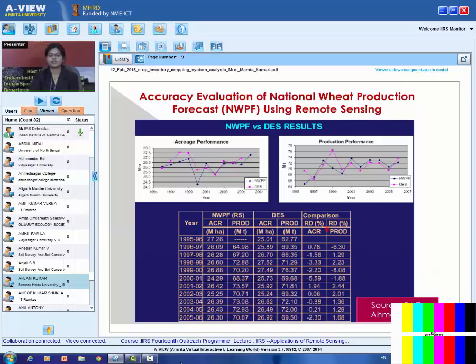Relative deviation I have already spoken. It is the difference between remote sensing estimated value and Department of DES estimated value, and it is per unit remote sensing estimated value. Again, I will say RD is equal to RS value minus DS value divided by RS. That RS means remotely sensed values.